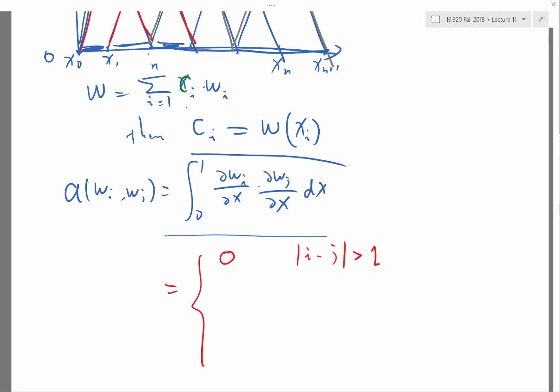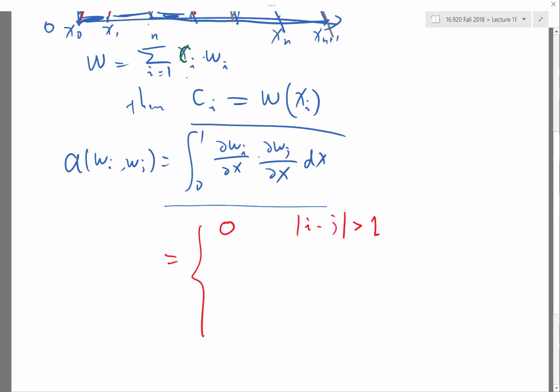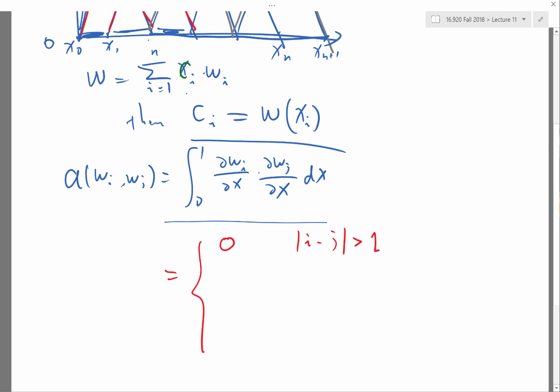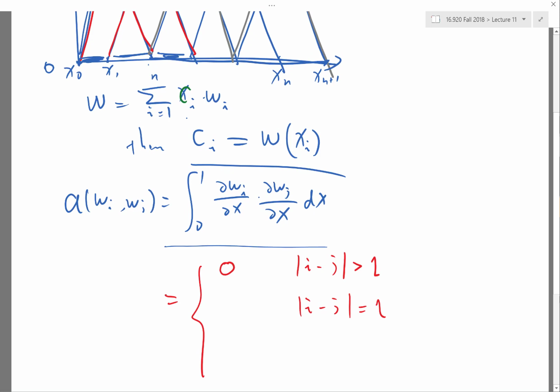Only if i and j are equal, or if i and j are neighbors, then they would actually integrate to something. Okay, so now let's look at the two different cases. One case is i minus j equal to 1. In which case, how many elements do they overlap?